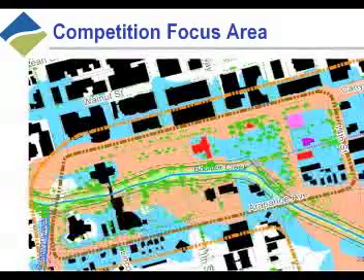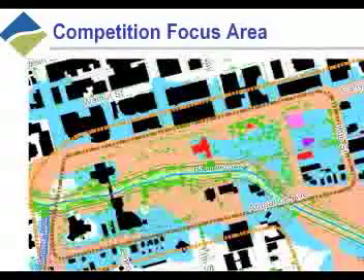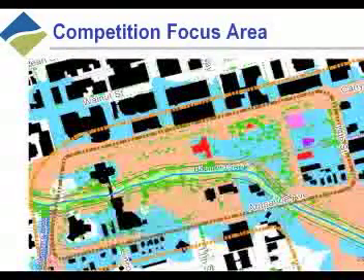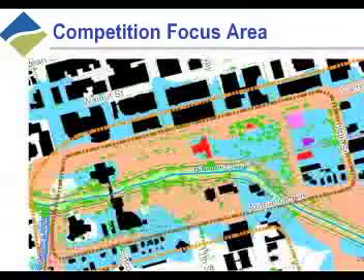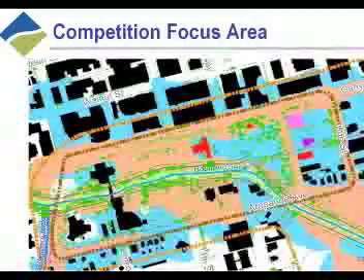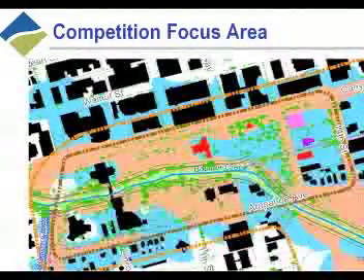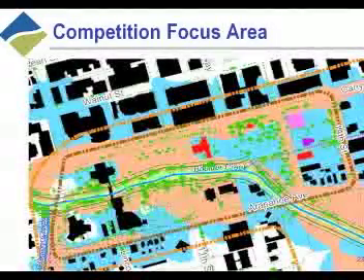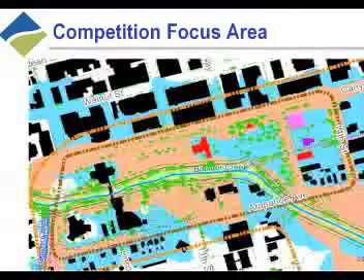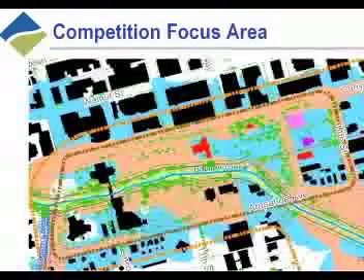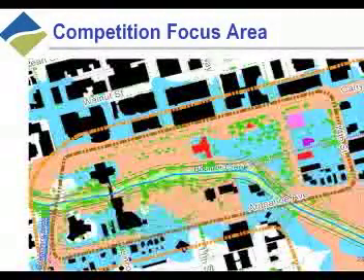Within that competition focus area, some of the highlights and significant features include most, if not all, of these buildings, except the one on the southeast corner, which are all civic or city facility buildings. There are about 270,000 square feet of those kinds of uses within the area.